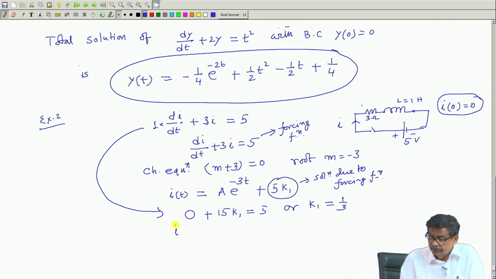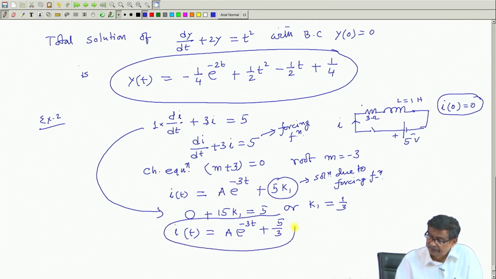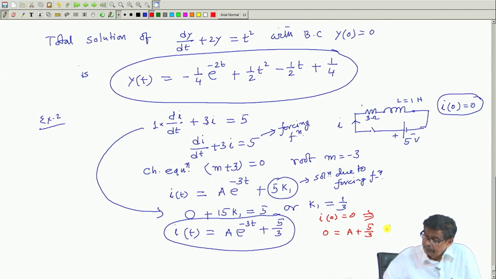Therefore, the total solution is equal to a into e to the power minus 3t plus 5 by 3. This is the total solution. Now, to find out the constant a, apply the boundary condition, which is I(0) equal to 0. So, I(0) equal to 0 will give you what? 0 is equal to a plus 5 by 3.